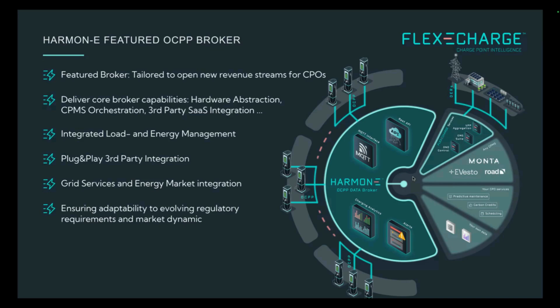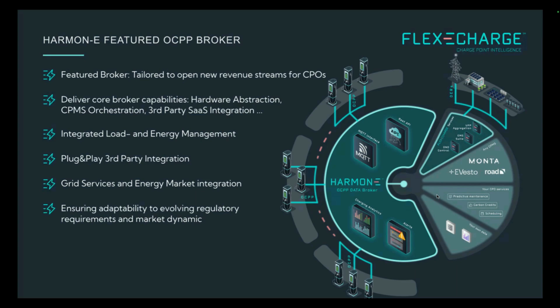For example, we see a trend for bigger CPOs, which are building their own data warehouses and data lakes. They want to have unfiltered raw data, OCPP data, but also energy data or power flow data. So that's obviously possible through a broker.